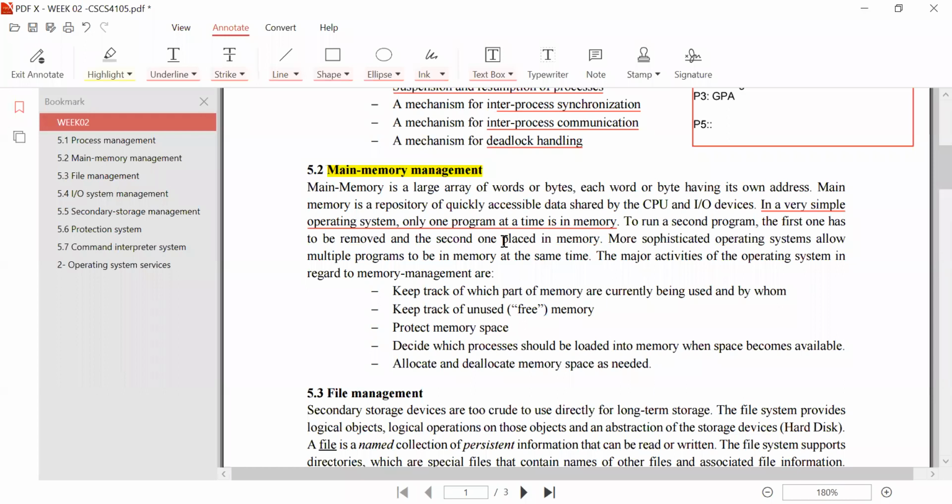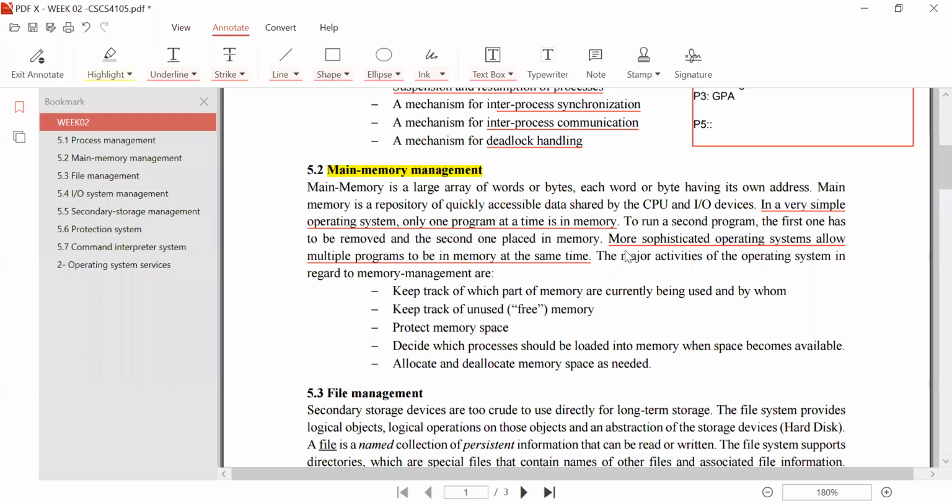At times you turn on your computer and you run like 5 programs at the same time. When you run 5 programs at the same time, it means the operating system should be able to make sure that all these programs can be contained in the memory at that same time. But the traditional way is one program at a time in memory.